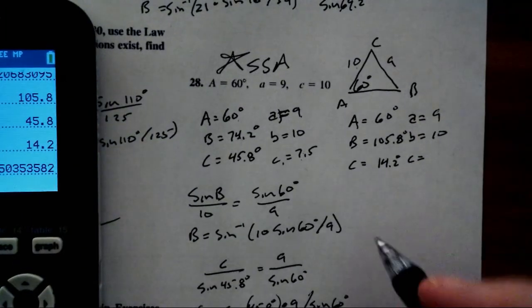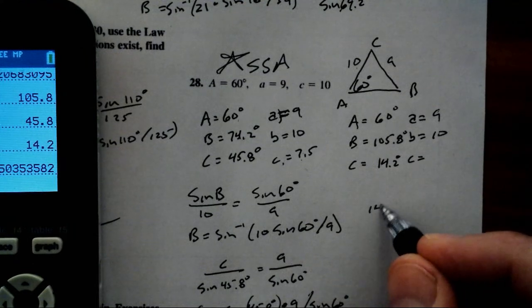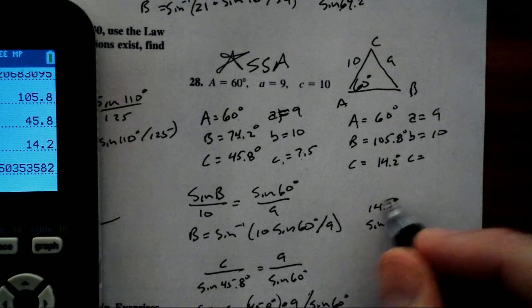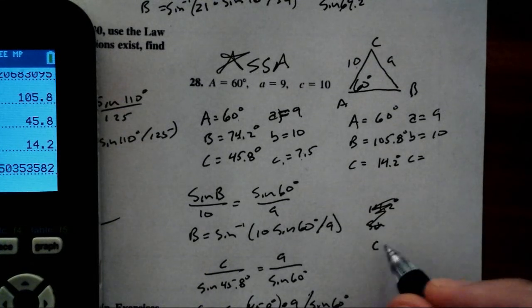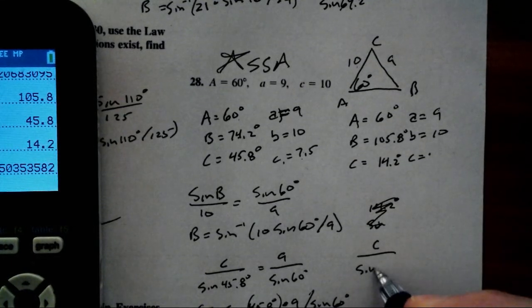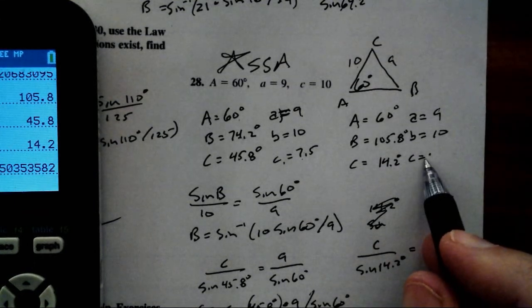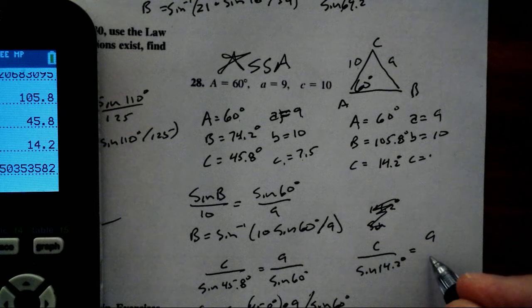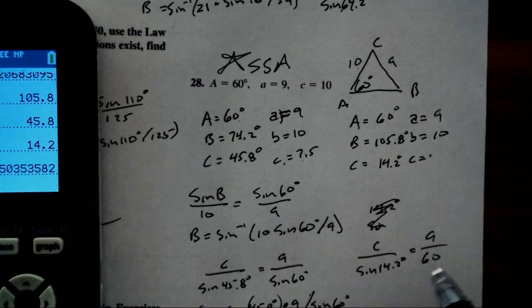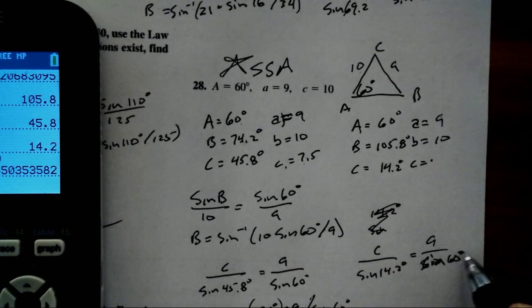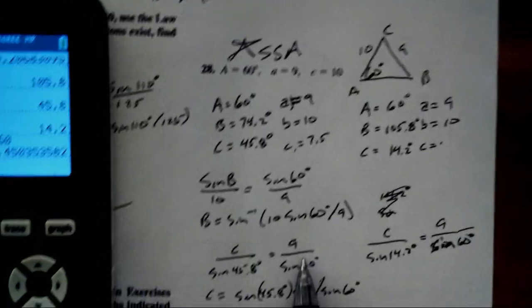Now we're just going to repeat that for here. Here we have 14.2. That's wrong. Sorry. Here we have C on sine of 14.2 degrees equals 9 on sine of 60 degrees. If you notice, it's pretty much the same thing.